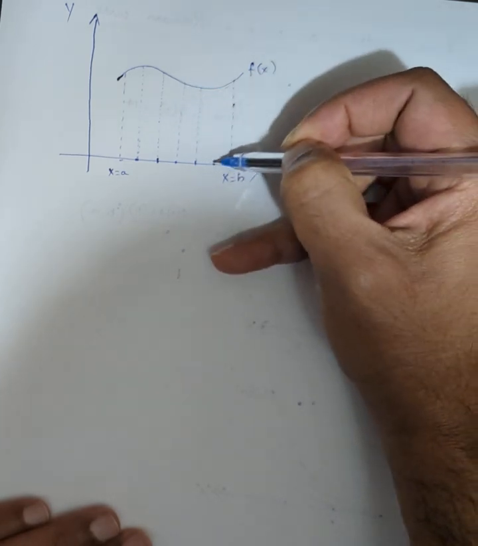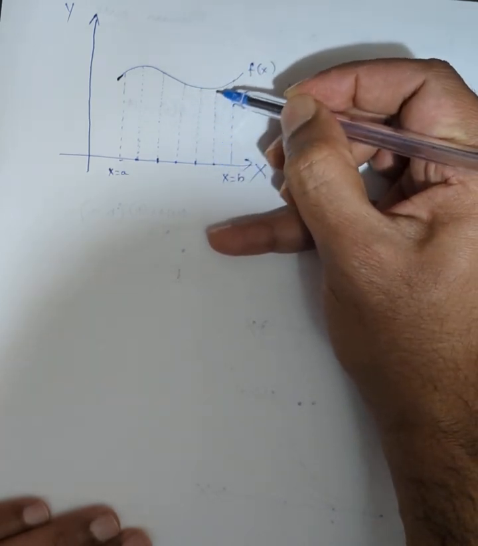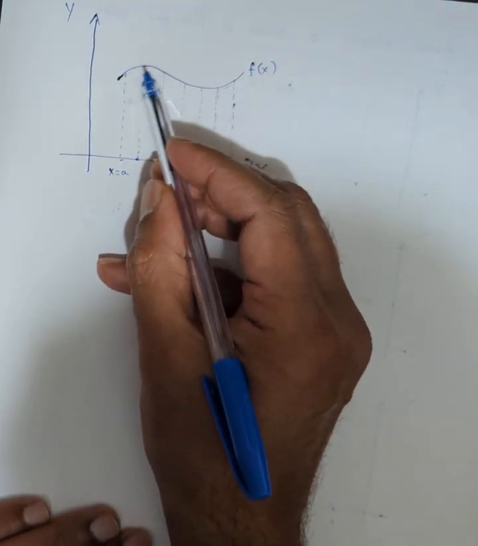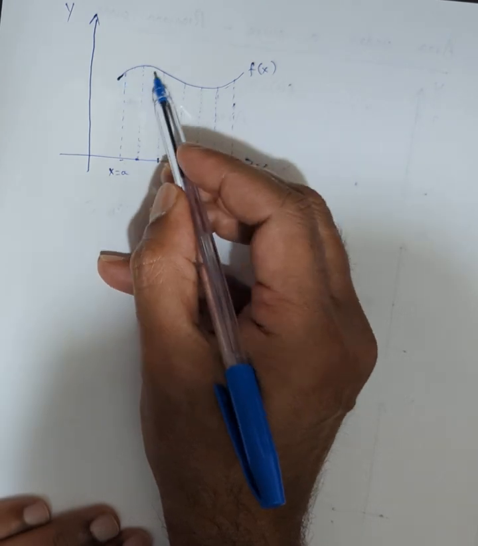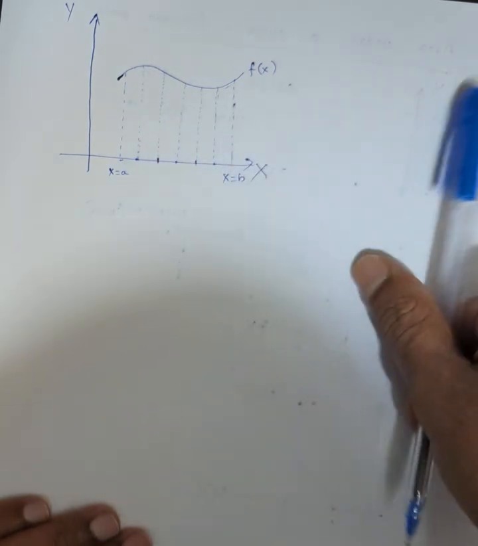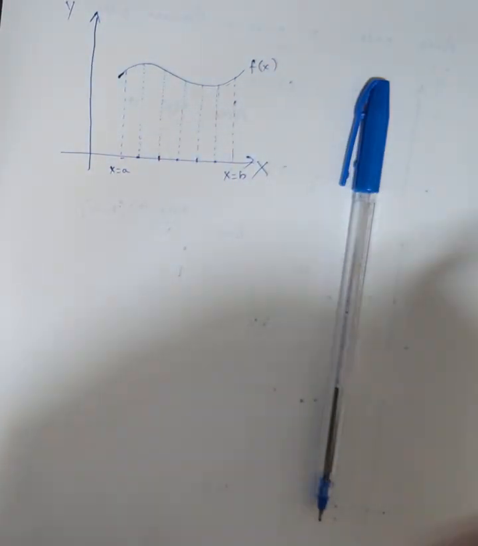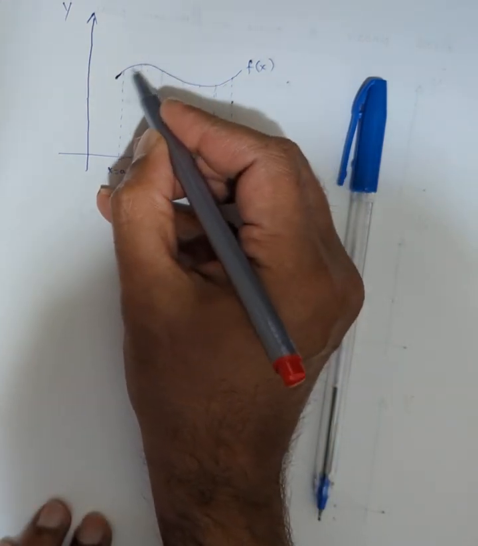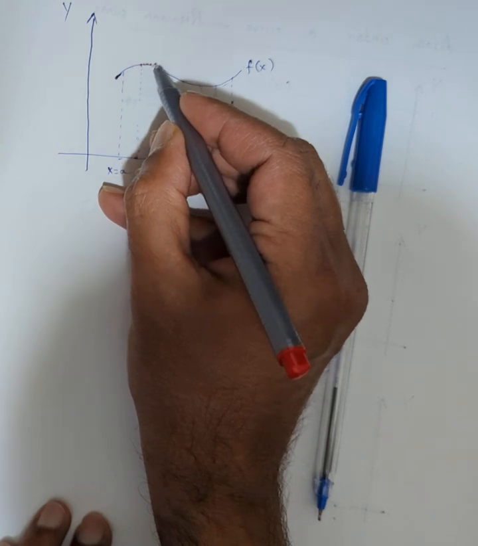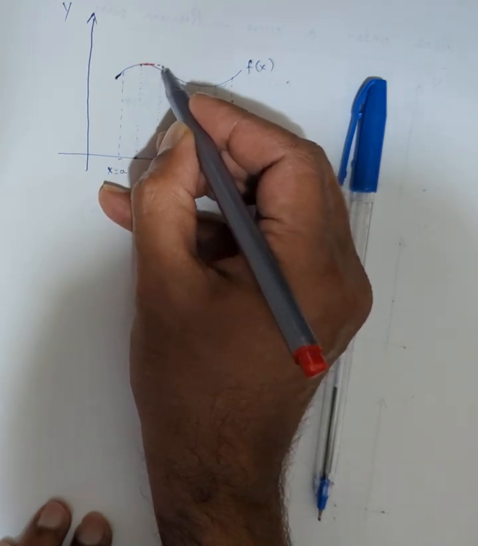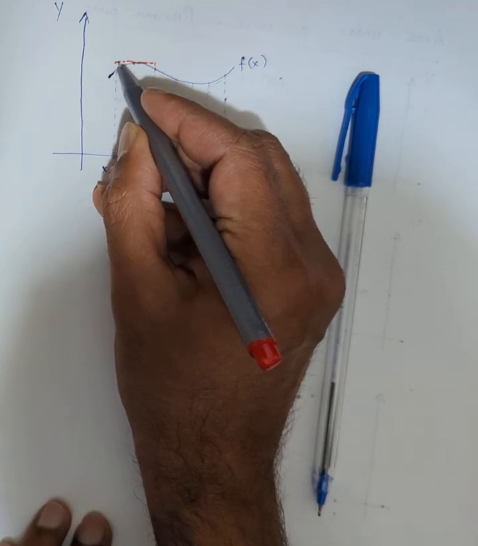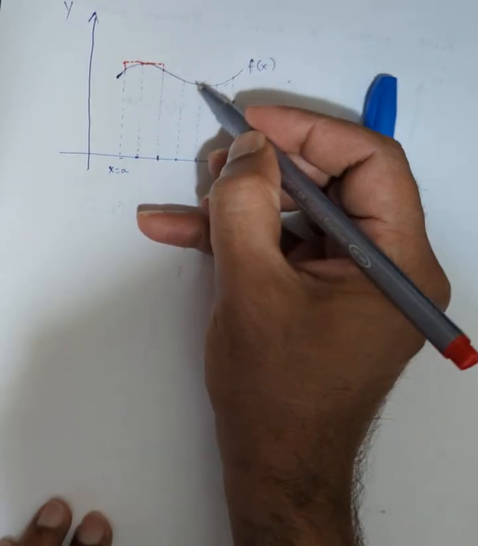And what I'm trying to do is pretend that in this subinterval, even though the graph is curving, I can assume that this is constant. And if this was a constant function, then I'm going to get this particular height for that subinterval.